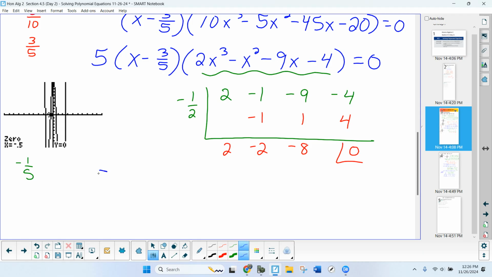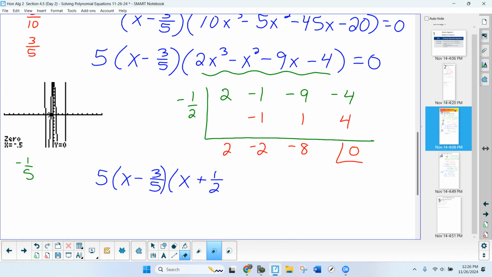So I have the 5 from up at the top. I have the x minus 3/5 from up at the top. This becomes x what? What would this factor be? No, with the 1/2. X plus 1/2. Because remember, this says x equals negative 1/2. So when you bring it back over, it'd be x plus 1/2.